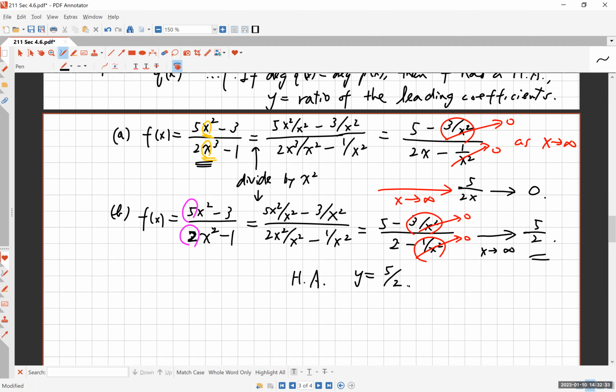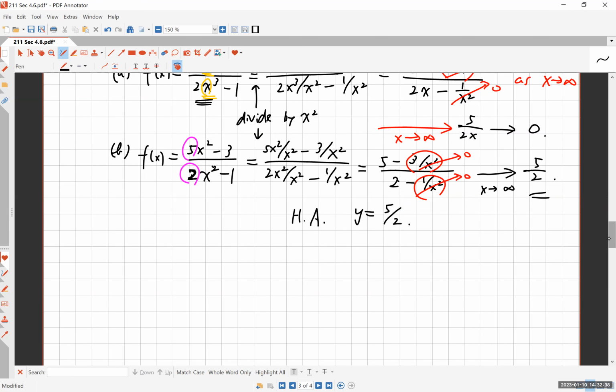And the graph is going to get closer and closer to that as x approaches infinity and negative infinity.